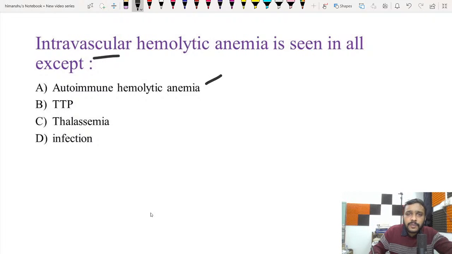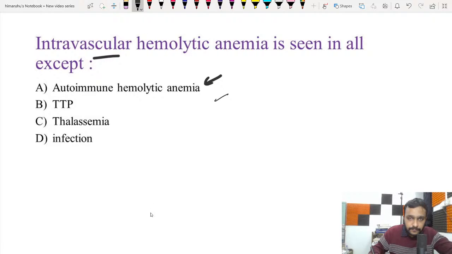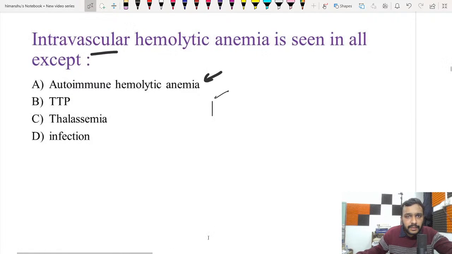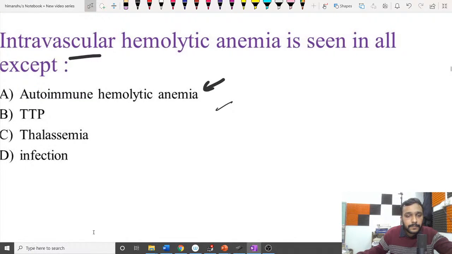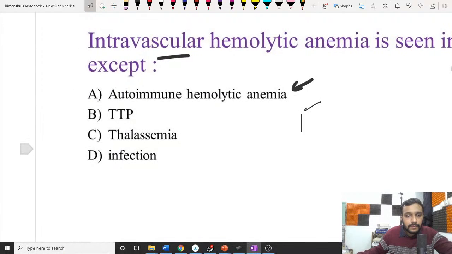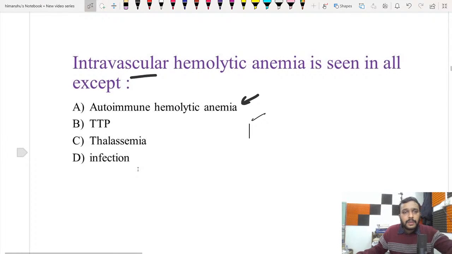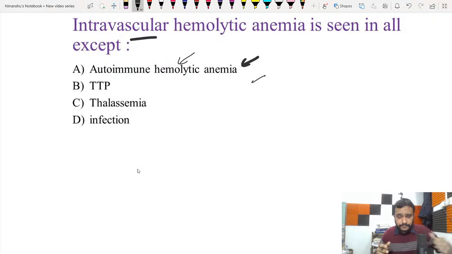So guys, in autoimmune hemolytic anemia there will be intravascular hemolysis, because antibodies are formed against the RBCs, and they break down the RBCs within the blood itself.